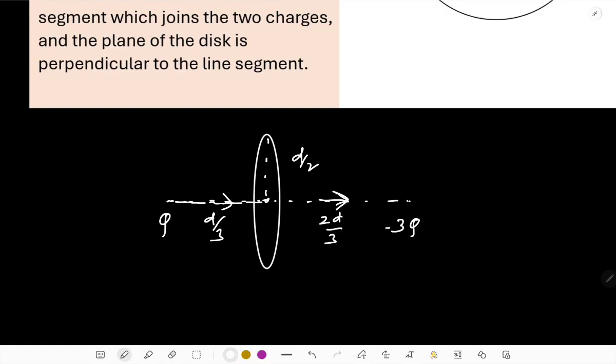So we need to add the fluxes: the flux from charge q passing through this disk needs to be added to the number of field lines passing through this disk due to charge minus 3q. And I have a different plan.